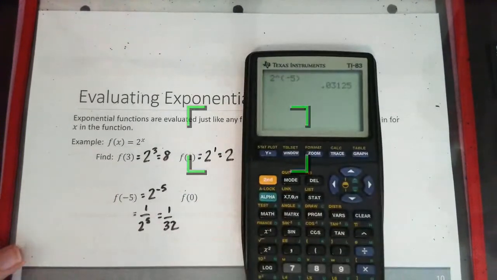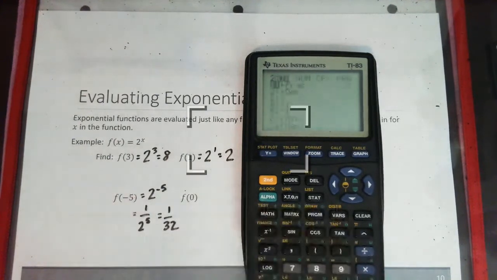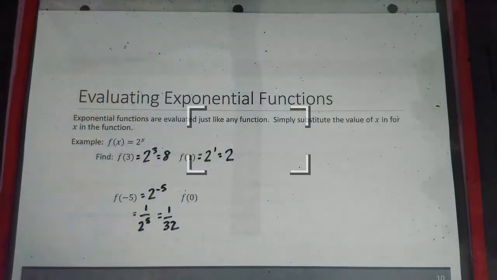But you should have somewhere on your calculator a way to change decimals into fractions. For mine, I have to hit math, enter, enter, and it tells me it's 1/32. If you don't know how to change decimals to fractions, let me know, and I'll help you figure it out.